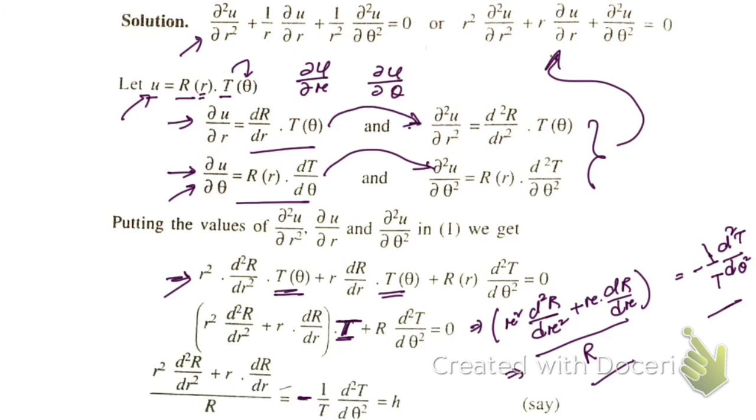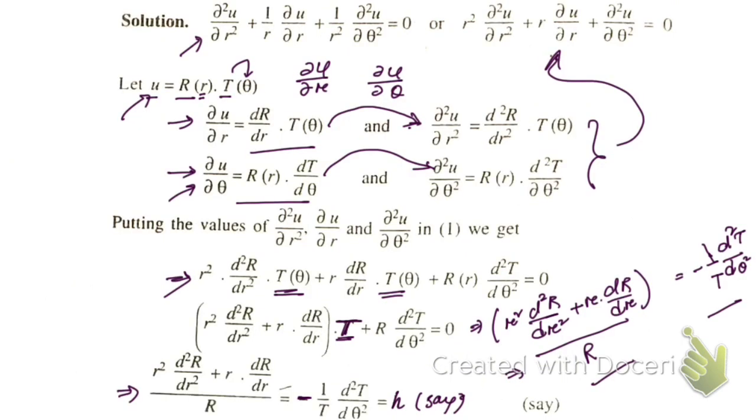And we have got this equation, and we have taken each part as a constant h. Okay, we have considered each part equal to h. Now let us take this part equal to h. If we take that, now let me go to the new slide.